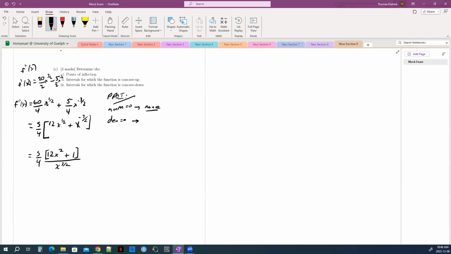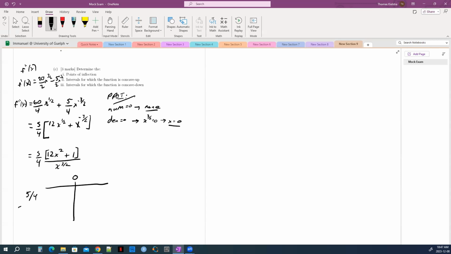But here we have x to the 3 over 2 in our denominator, so x equaling 0 is our possible point of inflection. Another way to think of that is the critical values for the sign chart, or the important values for the sign chart, is just the value 0.